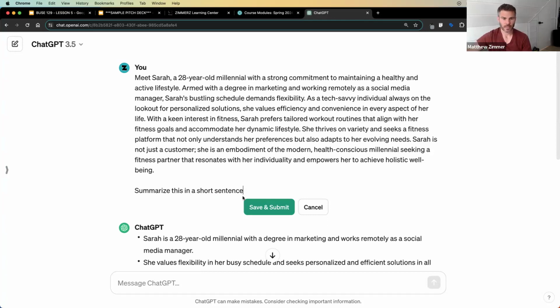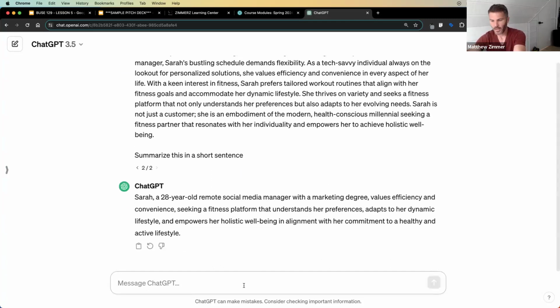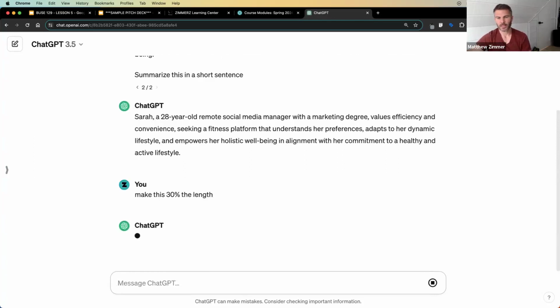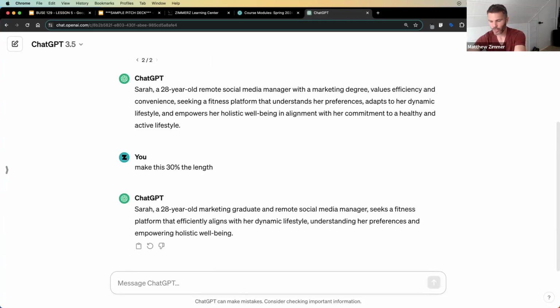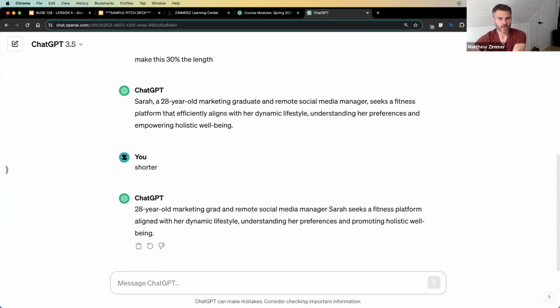So let's try it as a short sentence instead, and say make this 30% the length. Something like that. Okay, I'm going to keep going shorter. Shorter.